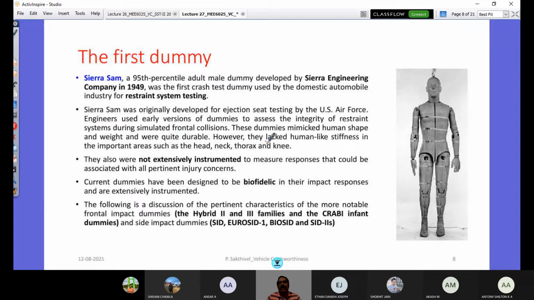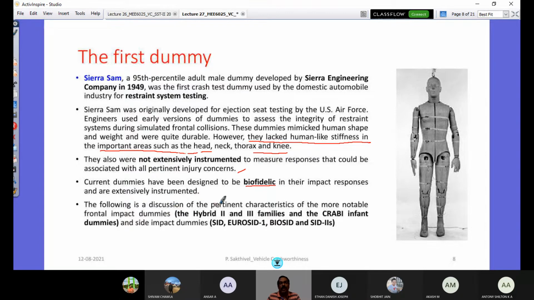However, and this is an important one, they lacked human-like stiffness in important areas such as the head, neck, and thorax. So these are some of the demerits of the first dummy. They also were not extensively instrumented to measure responses that could be associated with all pertinent injury concerns. Current dummies have been designed to be biofidelic in their impact responses and extensively instrumented.